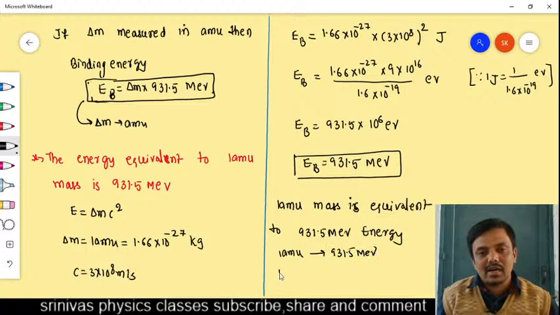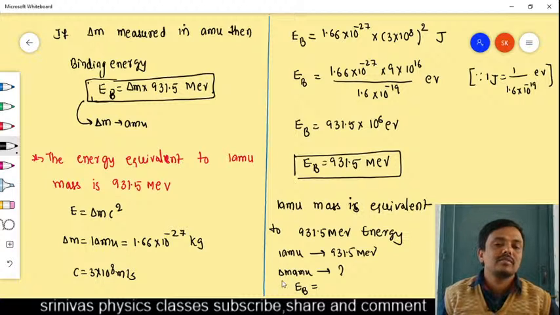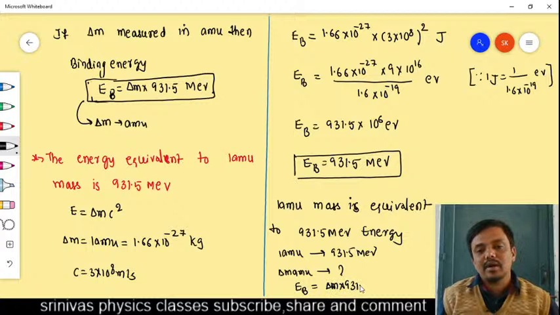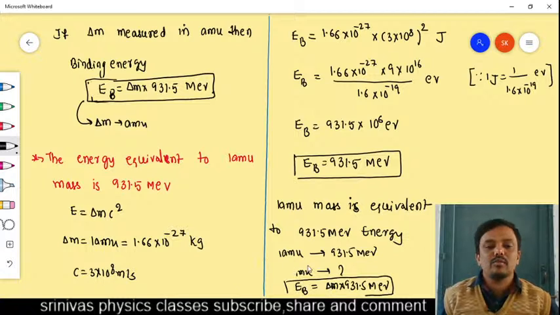For example, if delta M AMU mass is destroyed, how much energy is released? Delta M into 931.5. One chocolate costs this much; delta M chocolates cost how much? We multiply with delta M, that's all. Then we get delta M into 931.5 mega electron volts. We use this formula when we have delta M in AMUs.